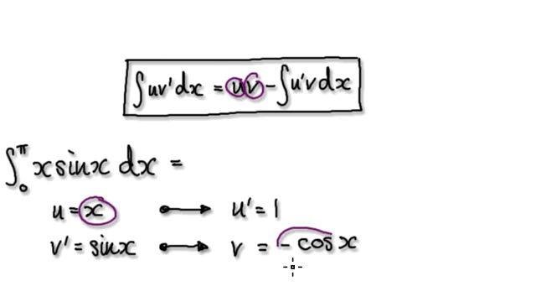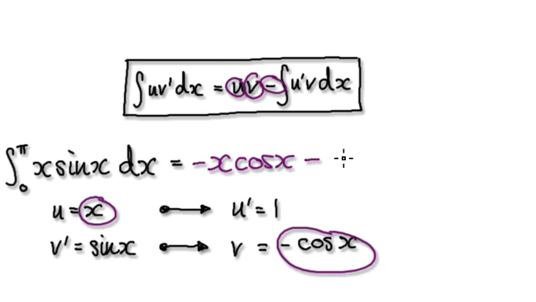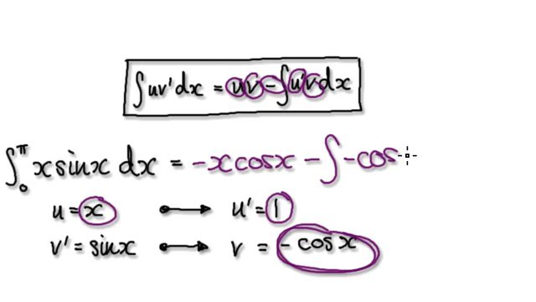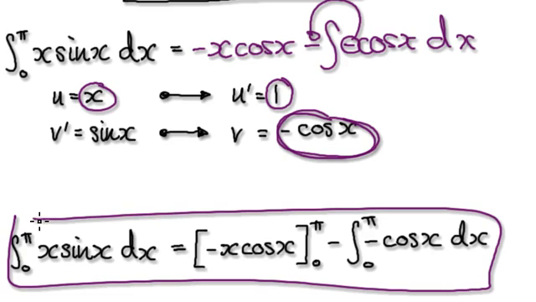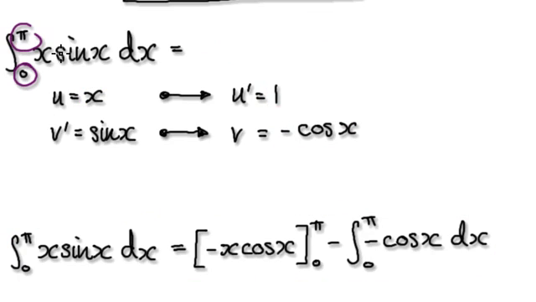It's saying get u times v, so that will be minus x cos x, and then you've got your minus here, minus the integral, and then it's saying get u prime times v, so that would be minus cos x, and then you've got your dx. And don't forget we are evaluating it from 0 to pi.